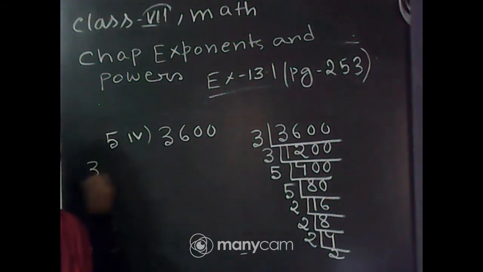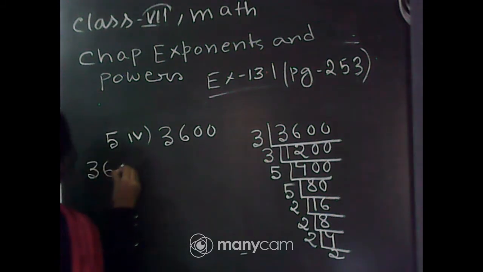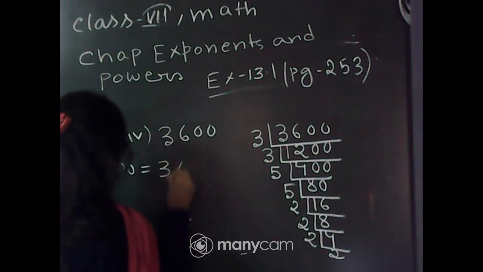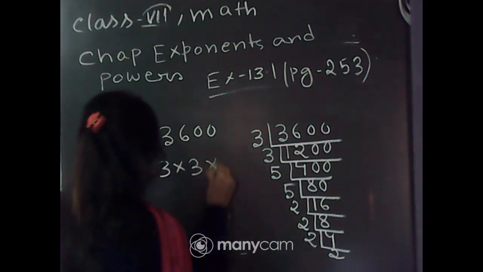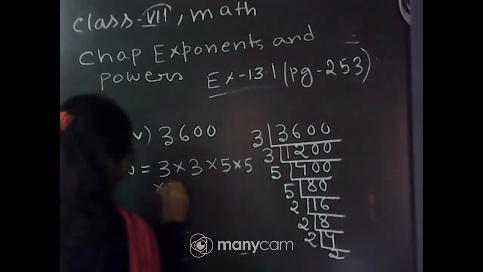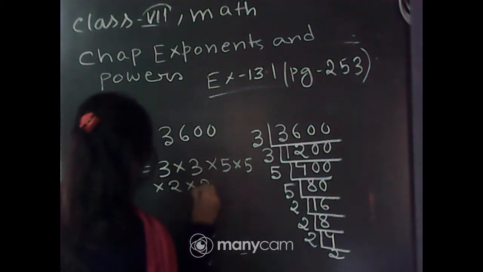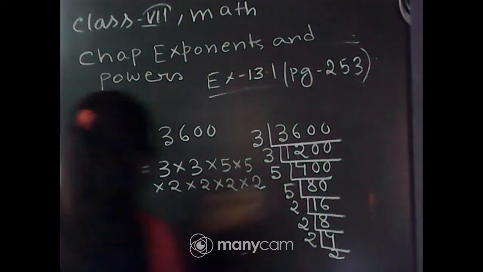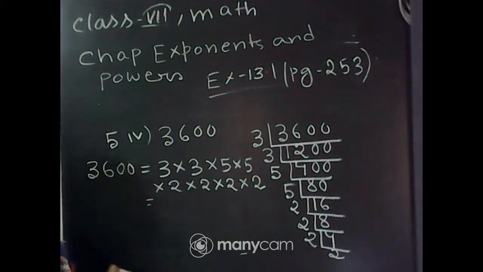Therefore, we can write 3600 is equal to 3 cross 3 cross 5 cross 5 cross 2 cross 2 cross 2 cross 2. Okay, and these are prime numbers. Therefore, we express 3600 as a product of its prime factors.